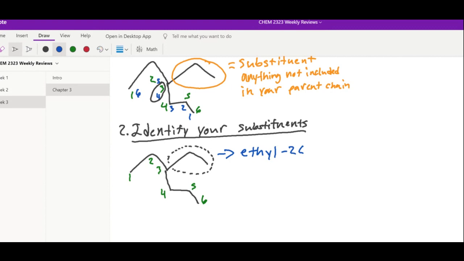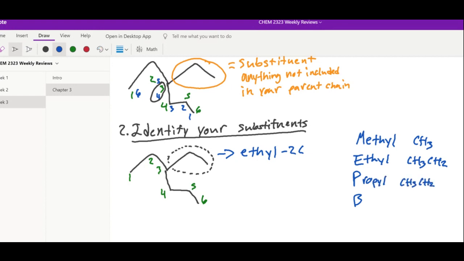So, a quick little lesson. You have methyl, ethyl, propyl, and butyl. Methyl is CH3. Ethyl is going to be CH3, CH2. Propyl is going to be CH3, CH2, CH2, and then butyl, you're going to add on to that, so you just keep adding on CH2s.